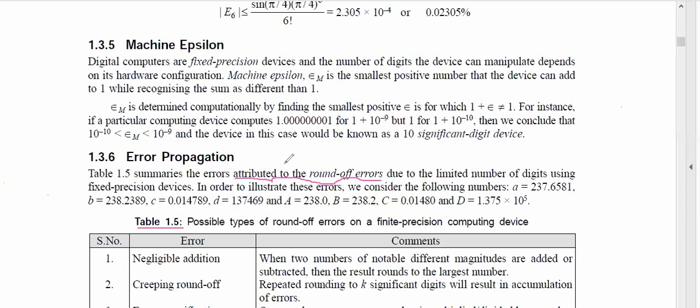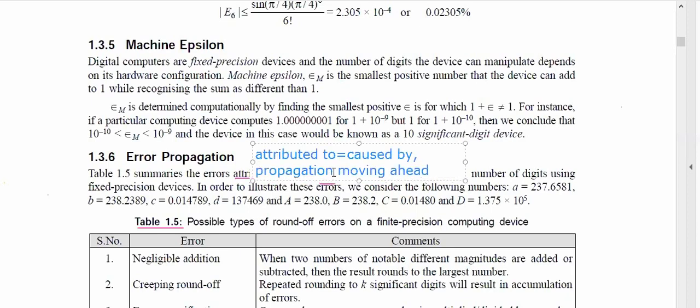Attributed to. It is always written attributed to. I take the help of this text.